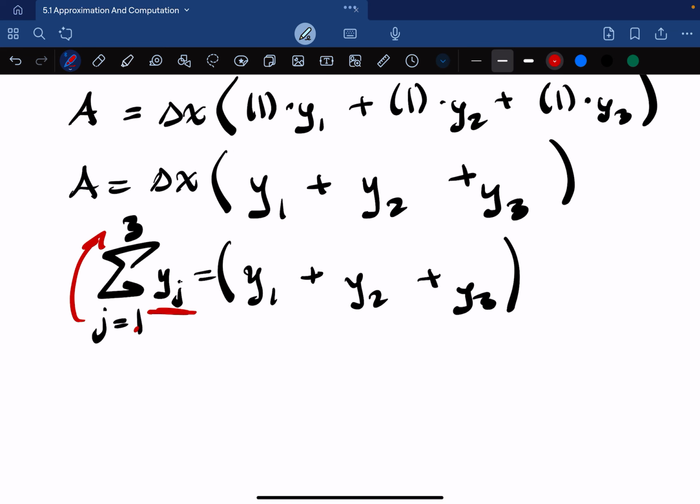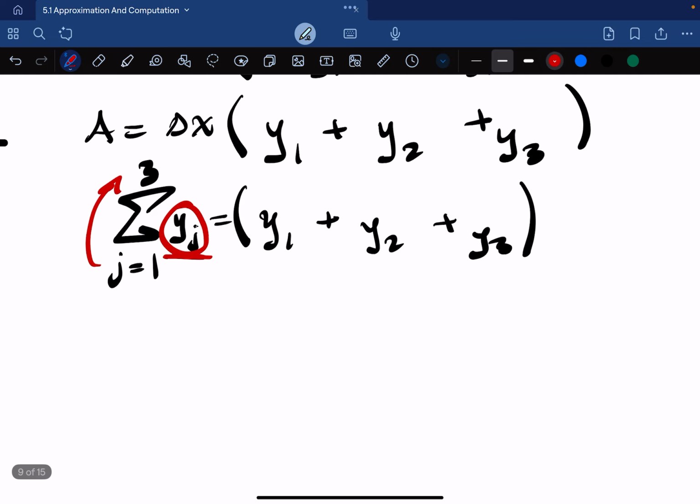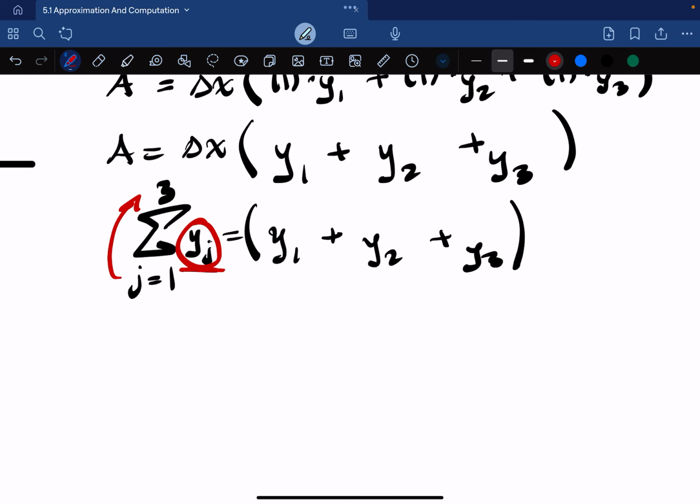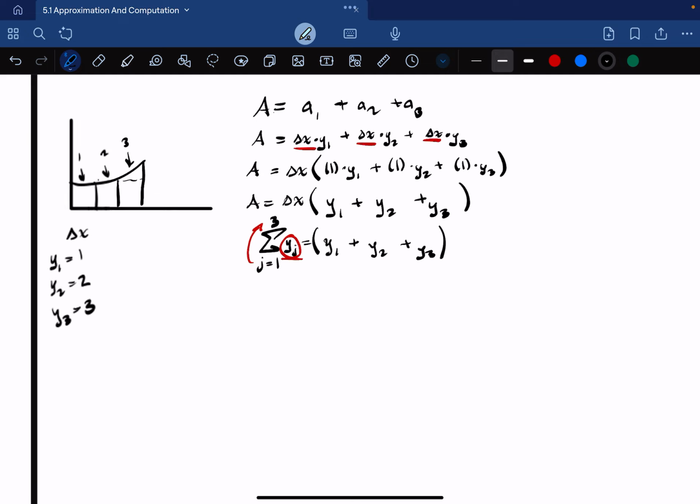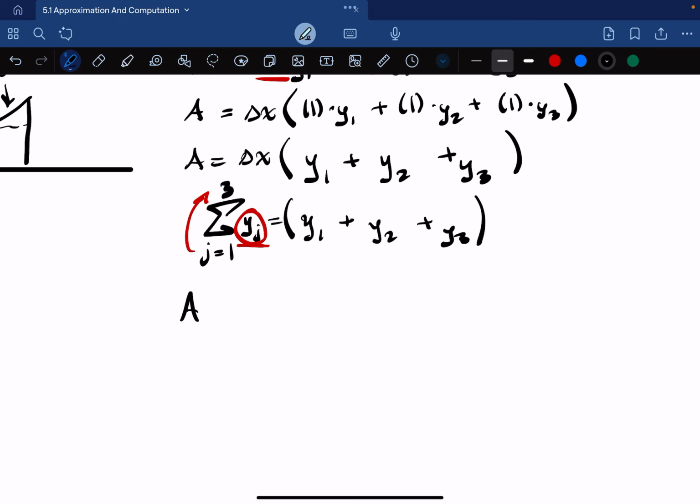It's starting from j equals 1, replace the number j in this function here, and add up all of the different terms together. And that is where we get our formula. A of n is equal to delta x times the summation of this.